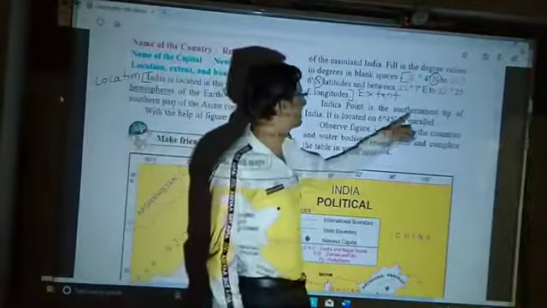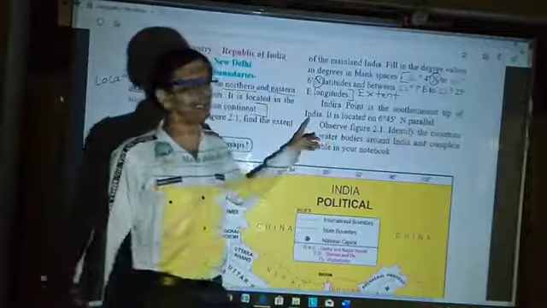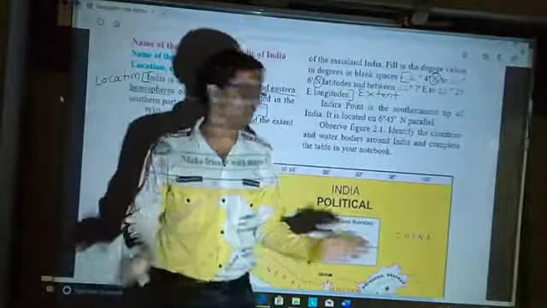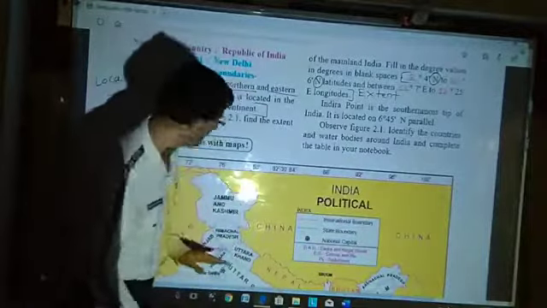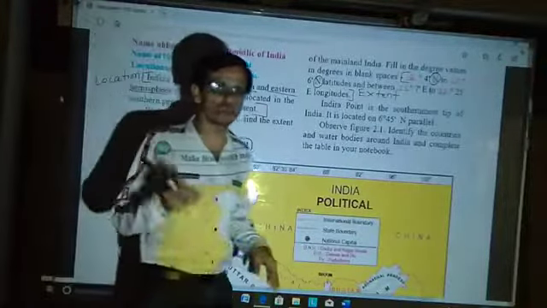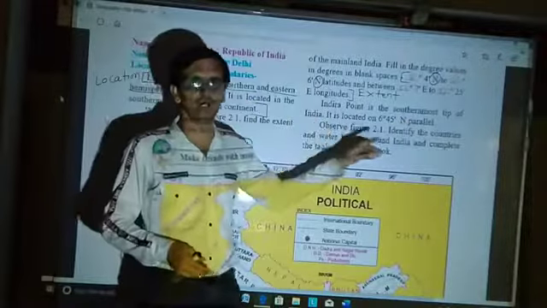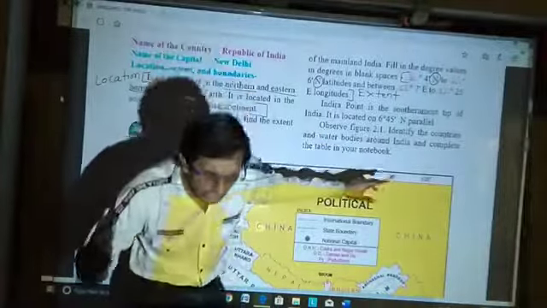Indira Point is the southernmost tip of India. Indira Point is not a part of the Indian mainland. Mainland is this. Afterwards I will show it to you. So Indira Point is the southernmost tip. It is near which island?